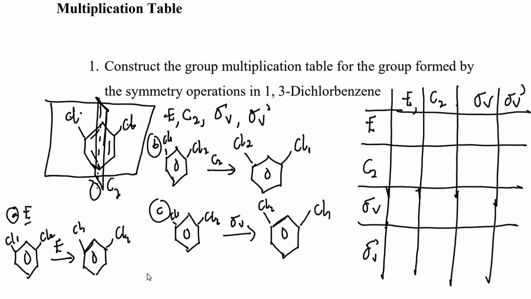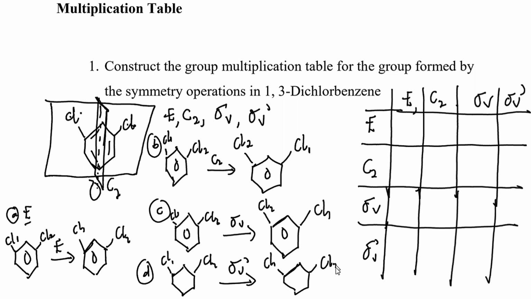And the D, we have Cl1, Cl2. So we have sigma V prime, where we cut it here, so this one remains in its position and this one remains in its position. So we have Cl1 and Cl2.